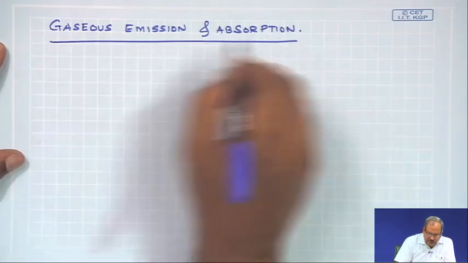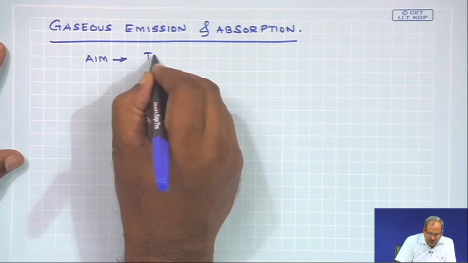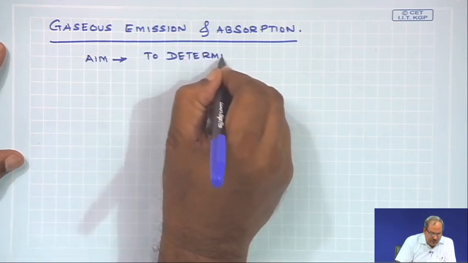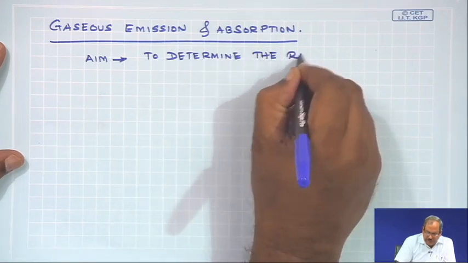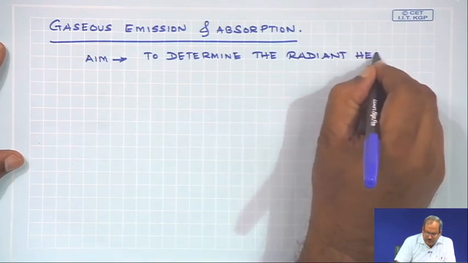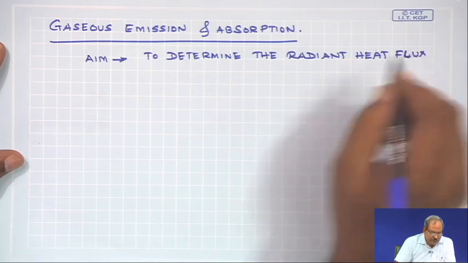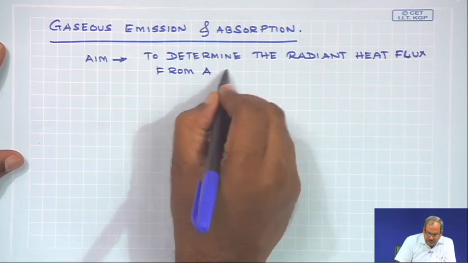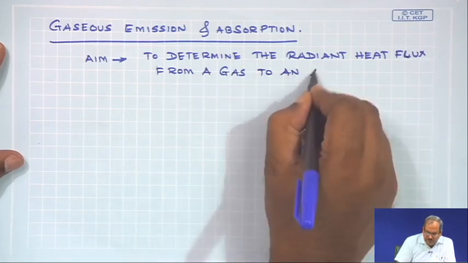So, the aim is to determine the radiant heat flux from a gas to an adjoining surface.